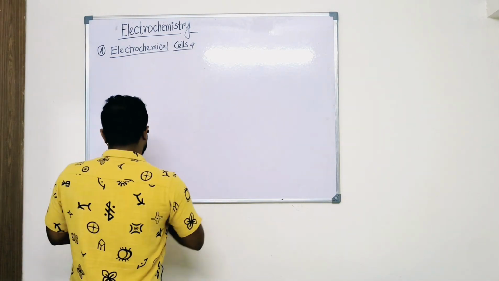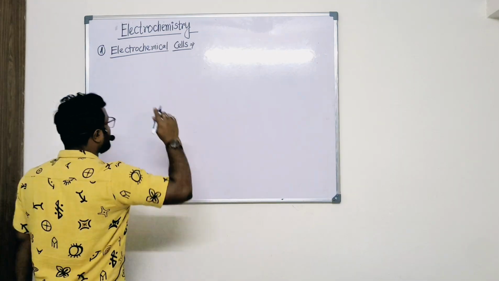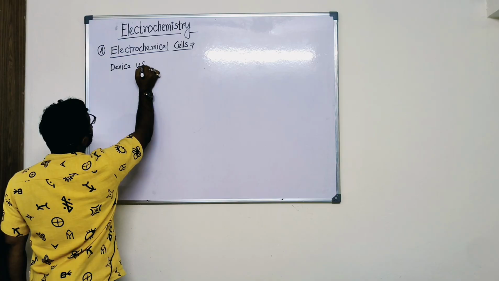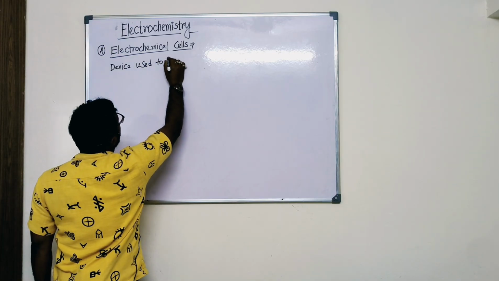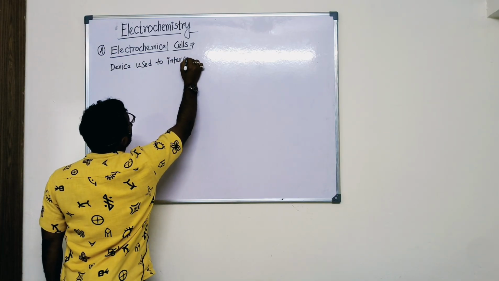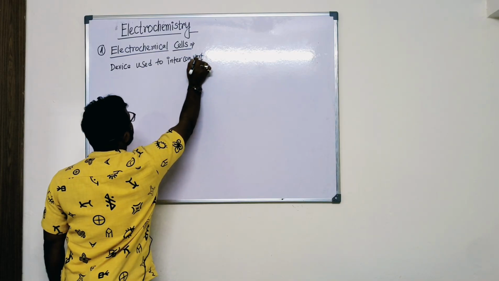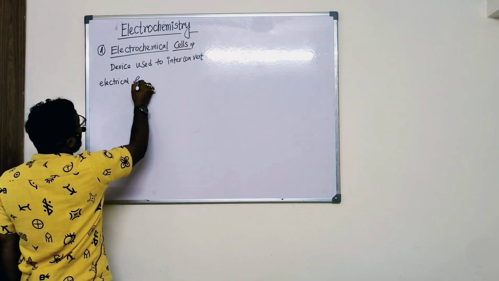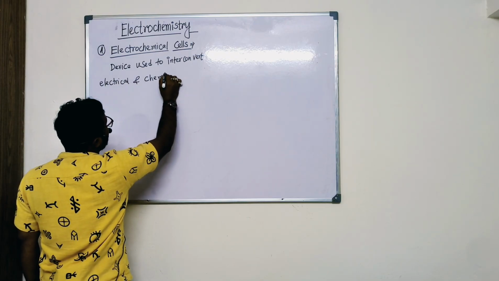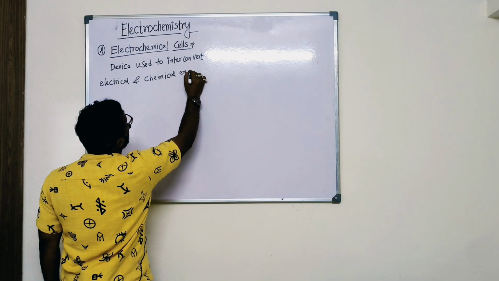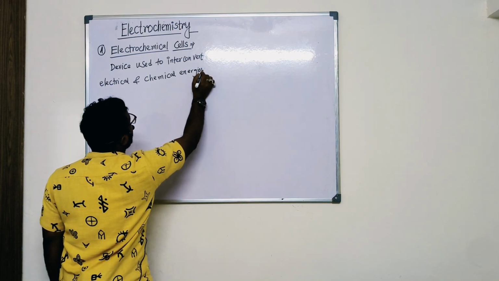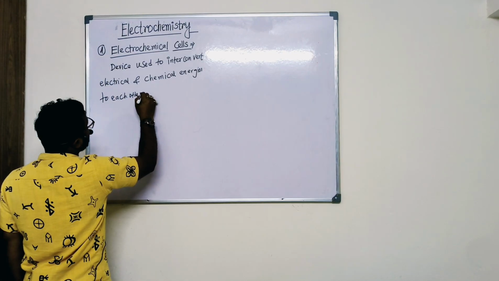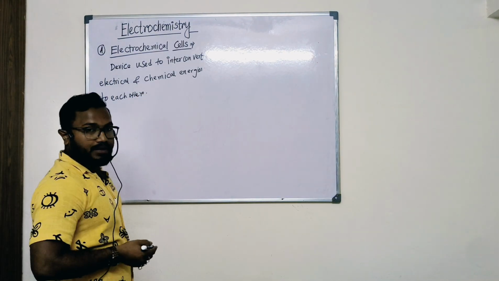So, first part, what is an electrochemical cell? That is a device used to interconvert electrical and chemical energies to each other, known as electrochemical cell.